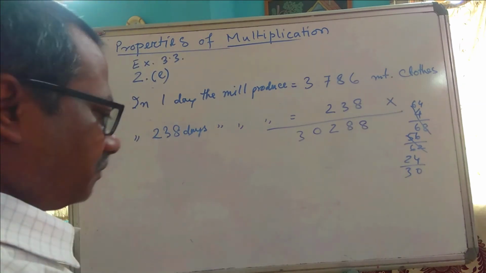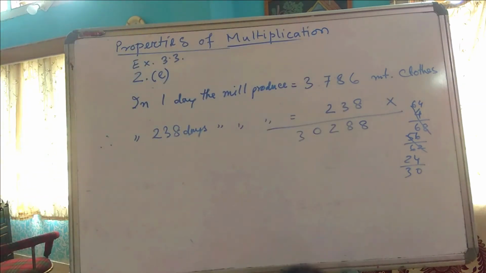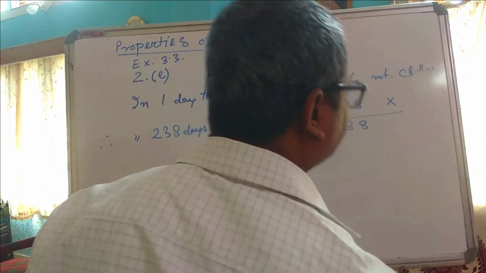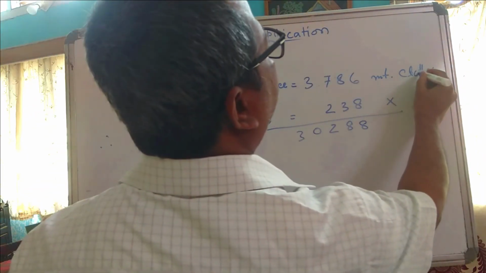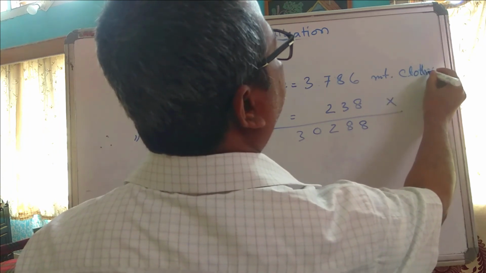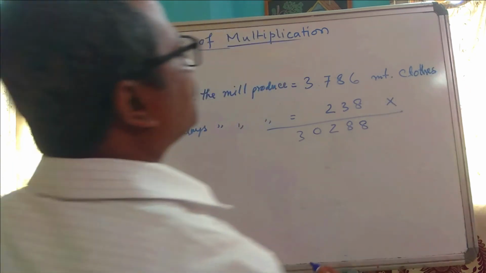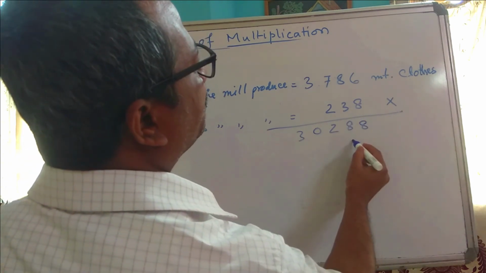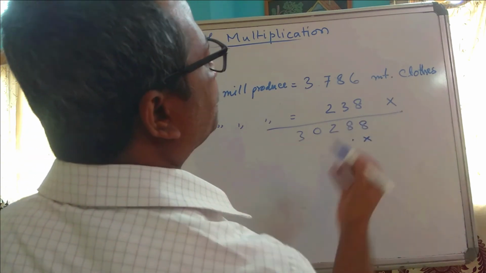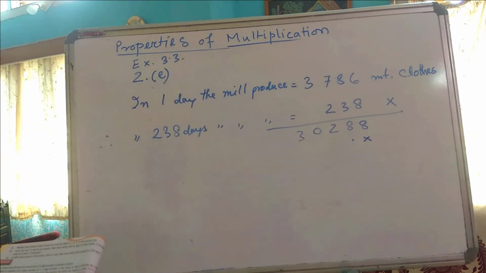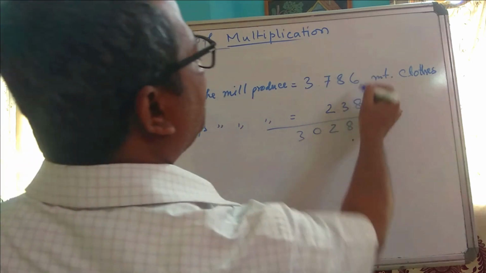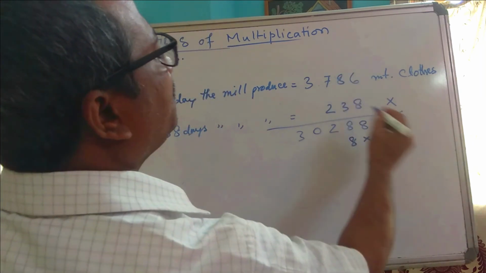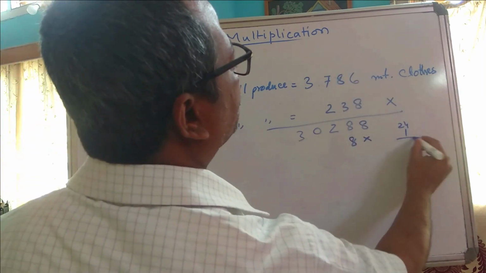Now, see, 3 is in the 10 place, so we will put the product here. The unit place will be left out. 3 times 6 are 18, 8 will come here, 1 will be left. 3 times 8 are 24.